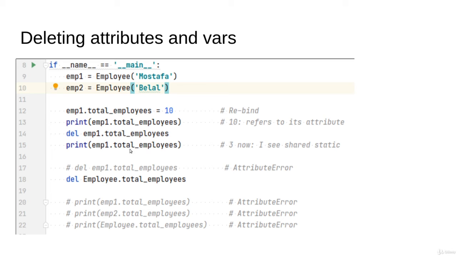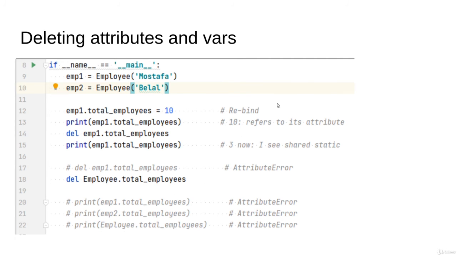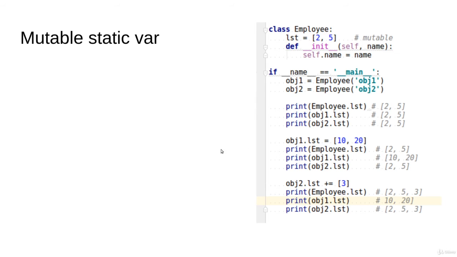Now observe that I'm going even to delete the total employees from the class itself. So this total employees now exists neither on the object level nor on the class level. You cannot print it anymore. So I hope overall you got the sense of what happens when you use a variable with the same name as the static variable, or you did equal or plus equal in the object itself.